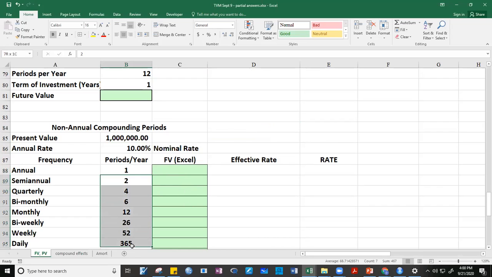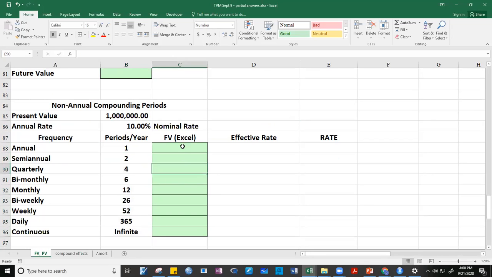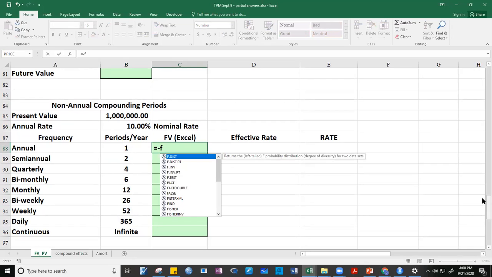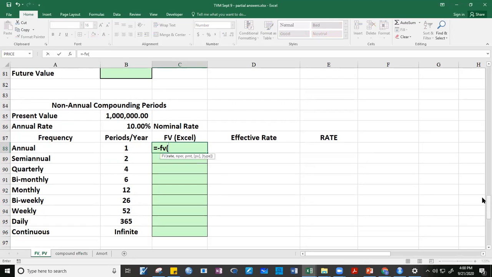They will differ here. Let's show it. We'll compute for the future value. Negative FV. The rate is 10% when it's per annum. But what if it's semi-annual? What will the rate be? It means interest is computed 2 times, so for semi-annual, 10% divided by 2.